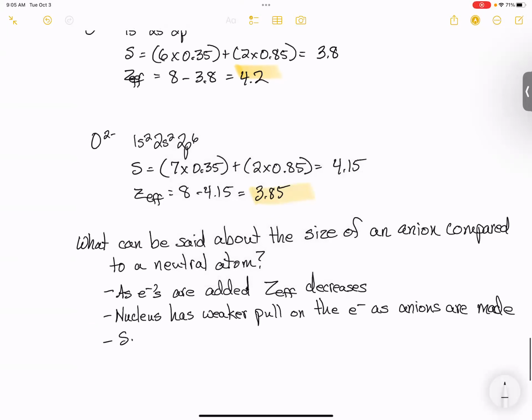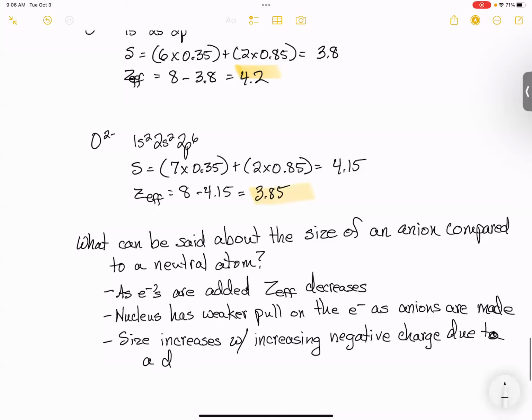So our size increases with increasing negative charge due to a decrease in Z effective.